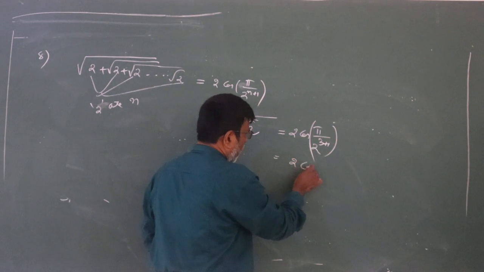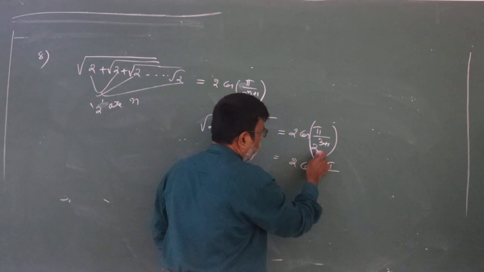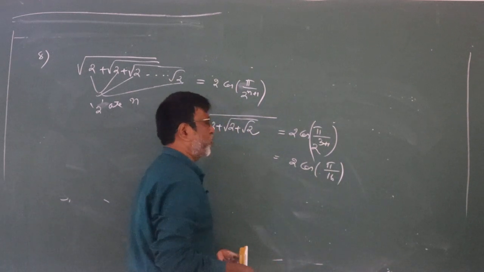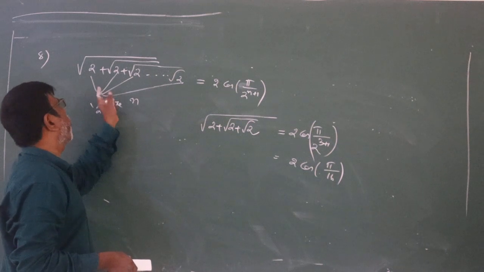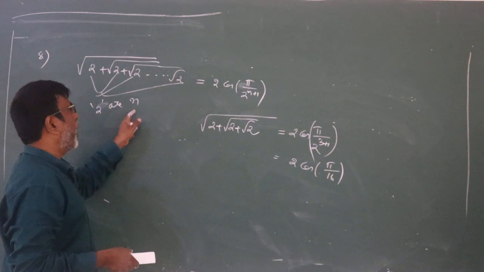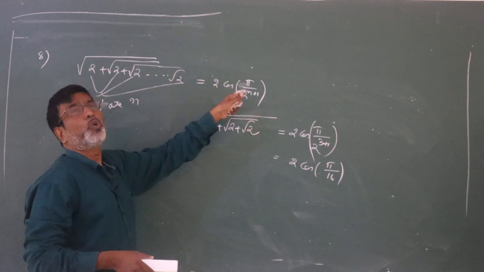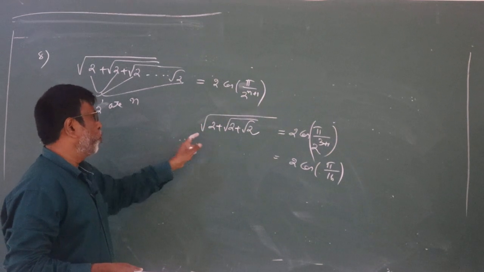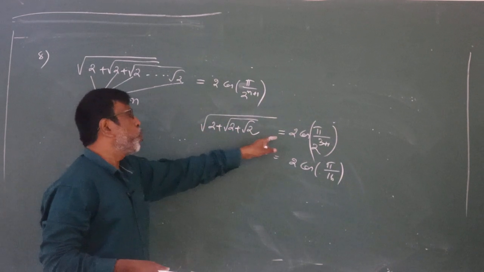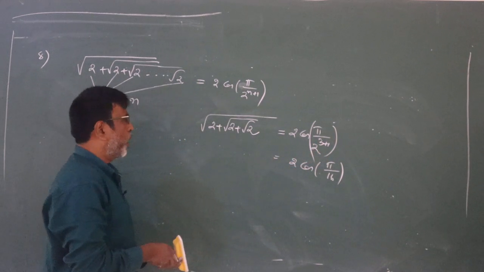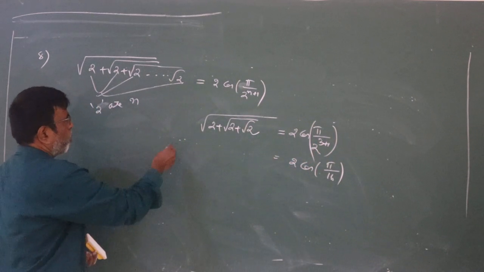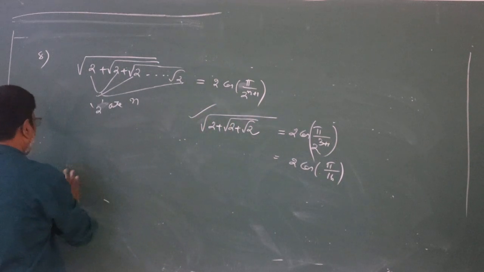Simplifying, that is 2 cos pi by 16. This problem was previously asked in the examination. Always count how many 2's there are.